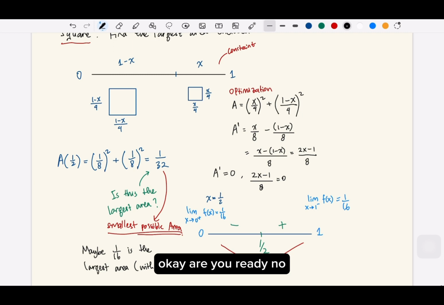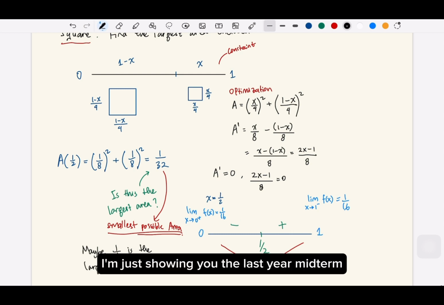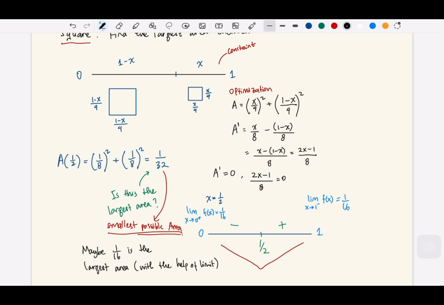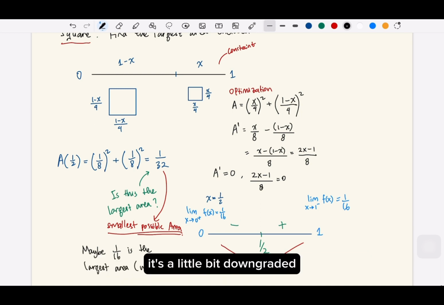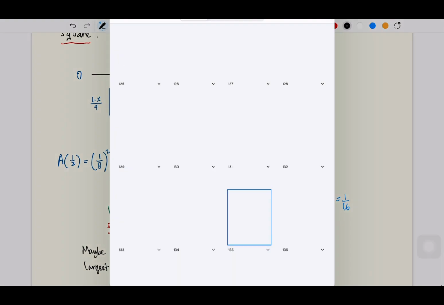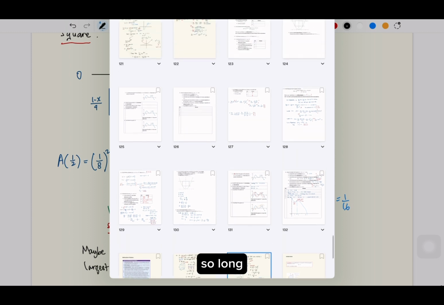Are you ready? No? Don't worry, I'm just showing you the last year midterm. Every midterm, every exam, like from 4 years ago, it's a little bit downgraded. I adjusted several times.